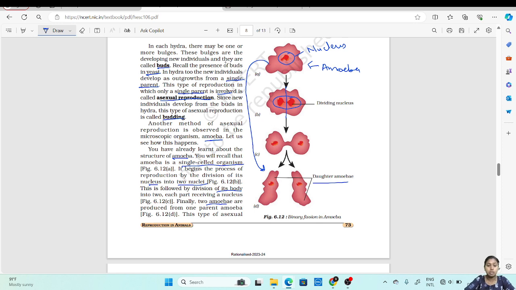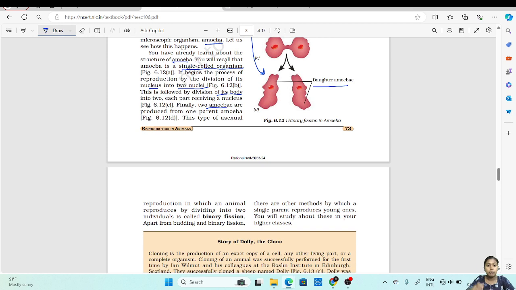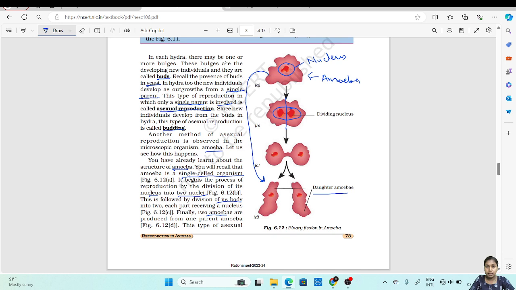The type of asexual reproduction in which an animal reproduces by dividing into two individuals is called binary fission. Here in amoeba, a single parent divides into two to form two individuals, or two daughter amoebas. This process is known as binary fission.